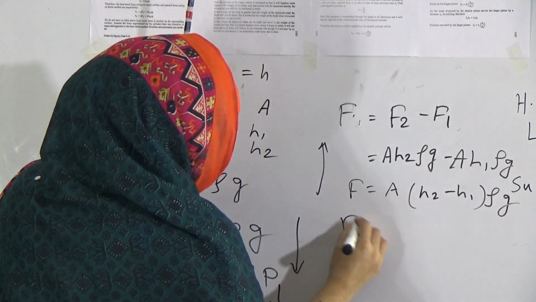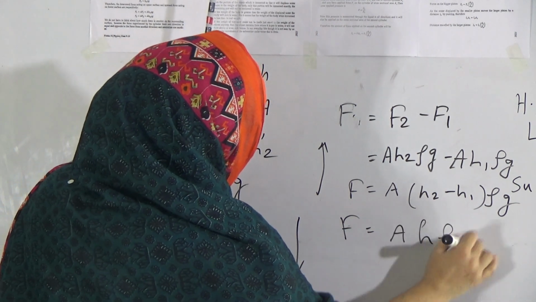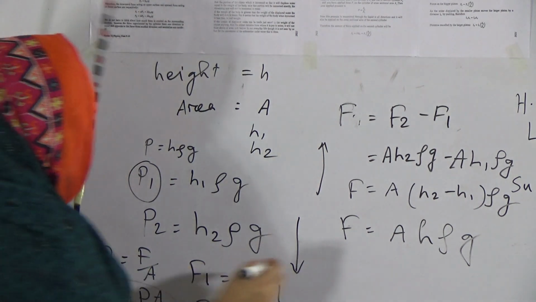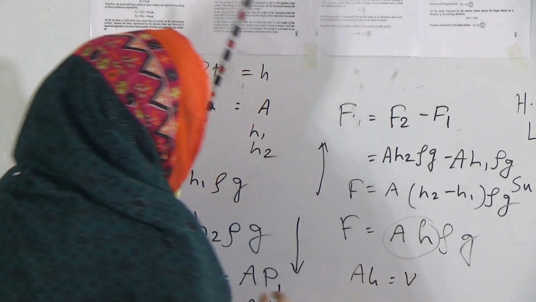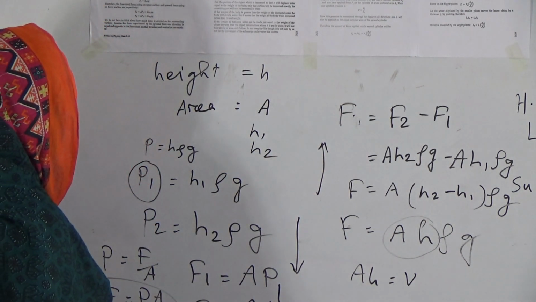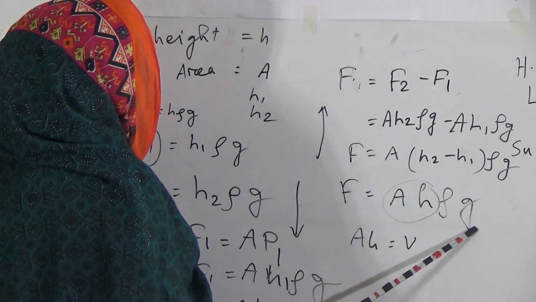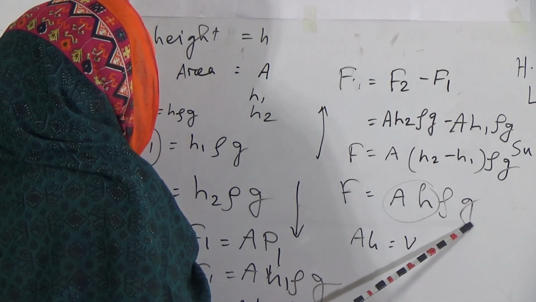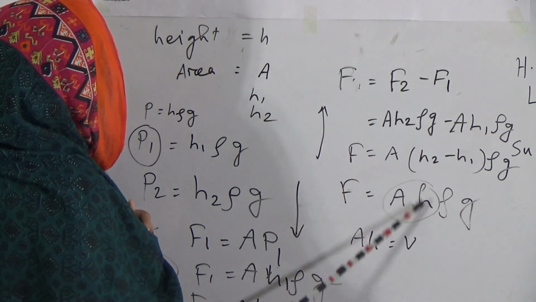Then F equals A h rho g. My dear students, here A h is the volume of this cylinder, rho is the density of the liquid and g is the gravitational acceleration.